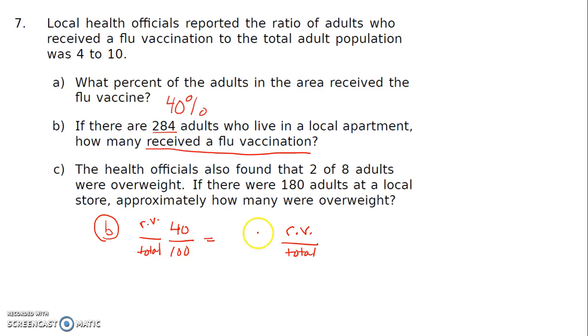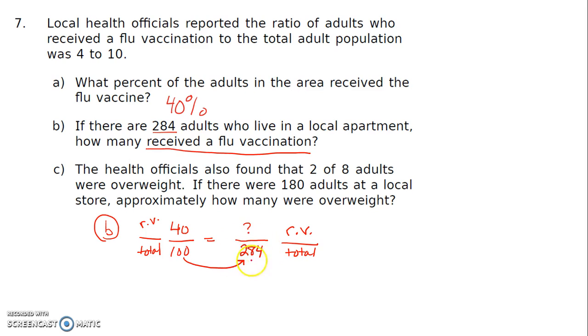Percentages are always out of 100. And so on this side then we're wondering how many received the vaccination out of our total that we're given, 284. So now we just create this equivalent ratio.